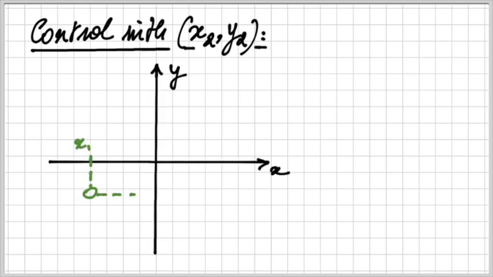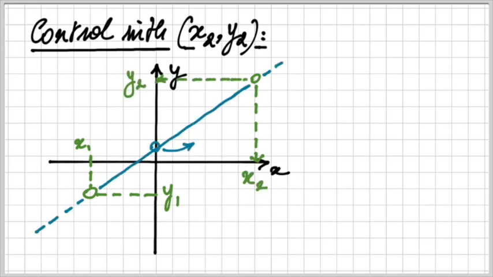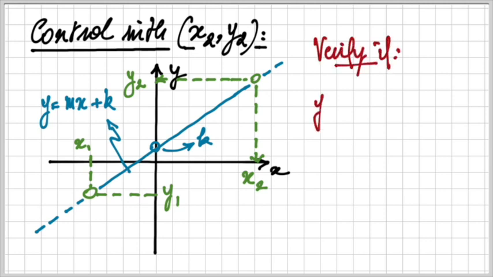Looking at the same graph again, we have to find out: is this correct? So we verify if y2 is equal to m times x2 plus k.